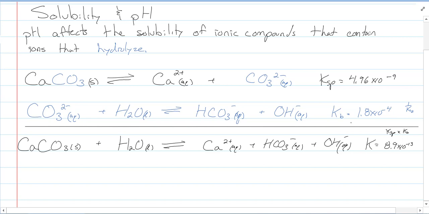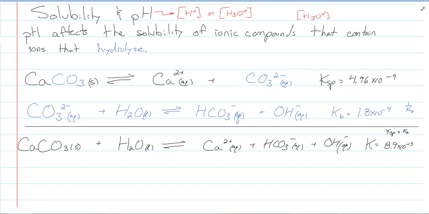Yes. So now the pH, when we think pH, we're thinking the concentration of this or the concentration of this. Same thing. So the concentration of H+ or H3O+ has a relation to the concentration of OH minus, which is right there.